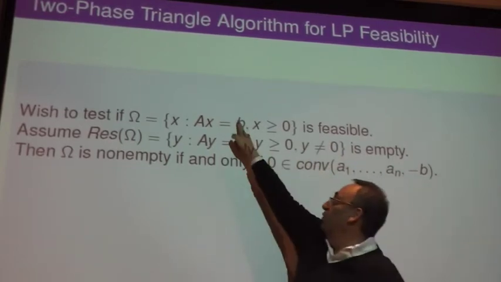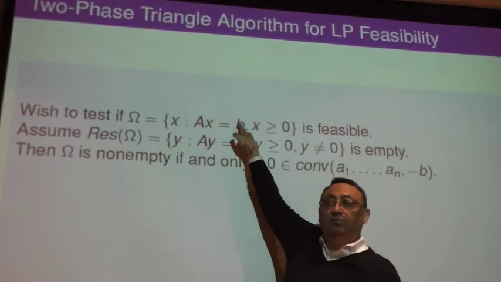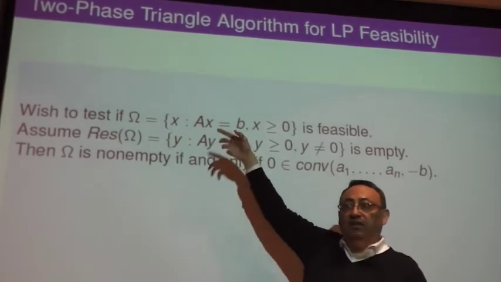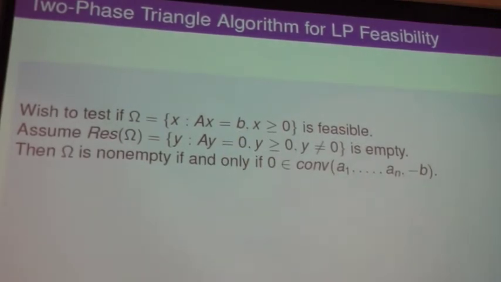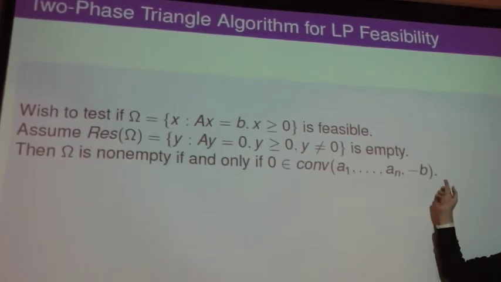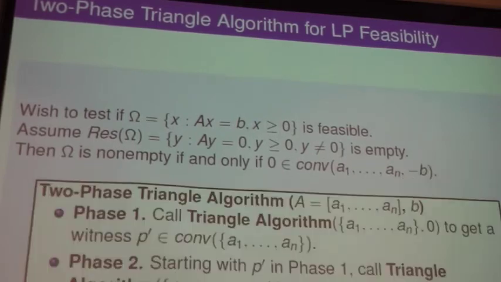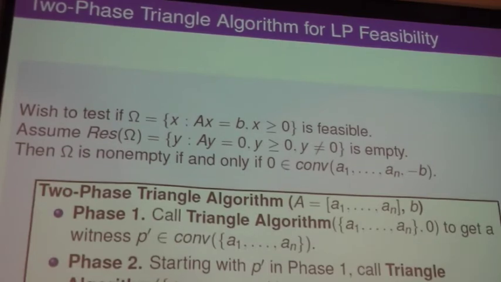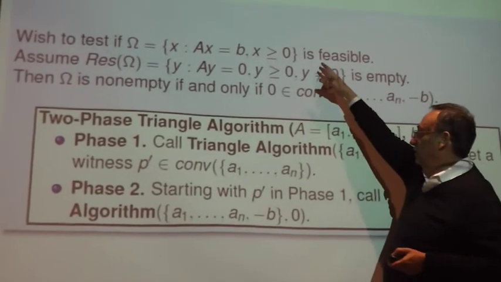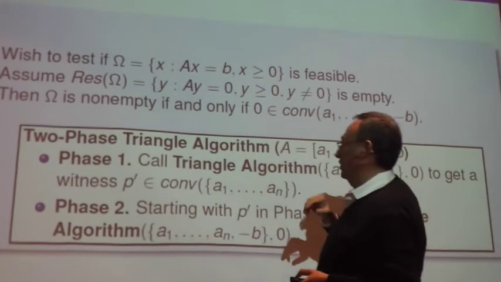It's as if you put a new variable alpha here, and then just check whether or not 0 is in the convex hull.